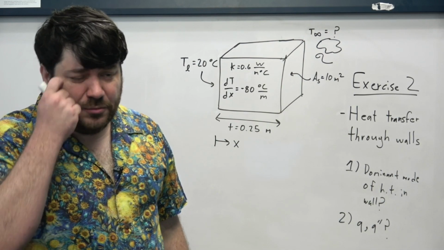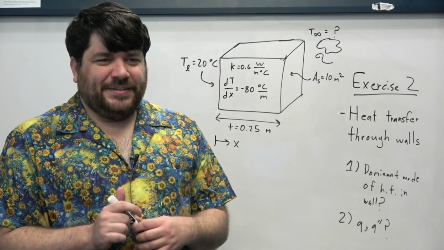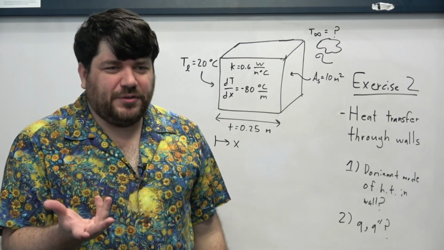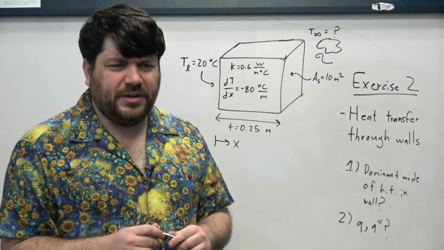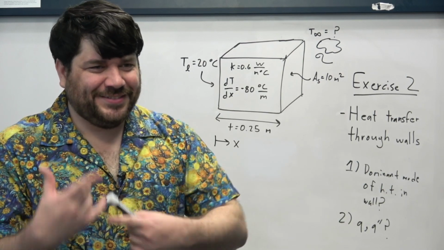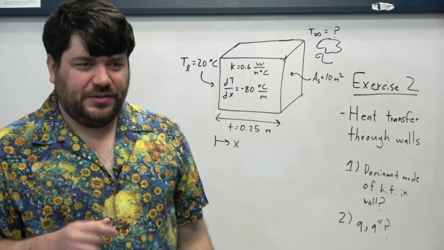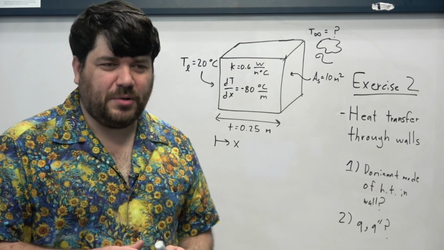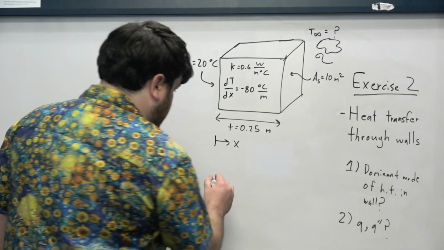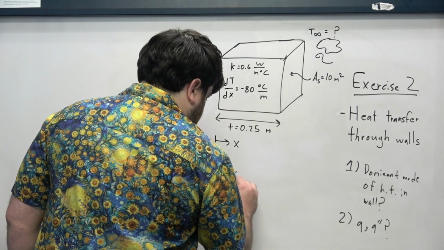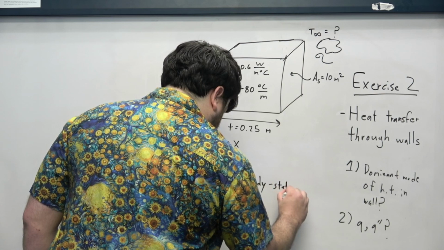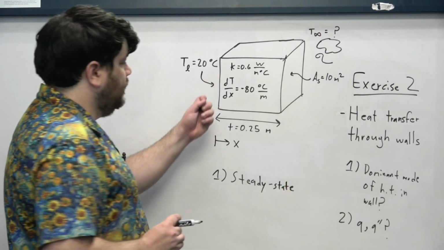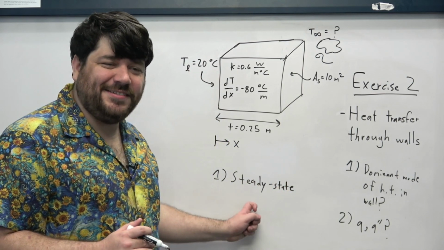In order to do this, we're going to have to state two different assumptions about how this system behaves, which look pretty simple, but it's very useful for us to keep track of these assumptions as we work through these sorts of problems. The first assumption is that everything in this system, the wall, the environment, everything, is in steady state.